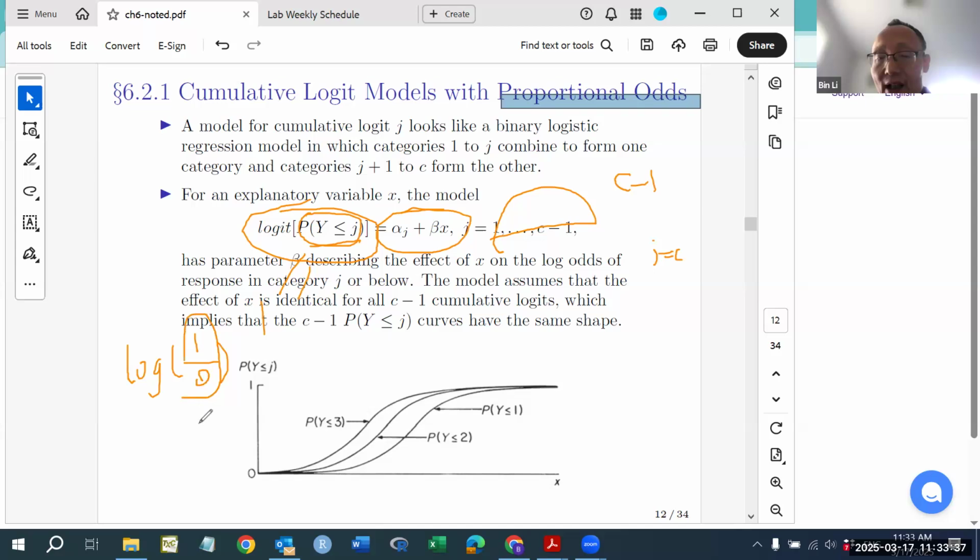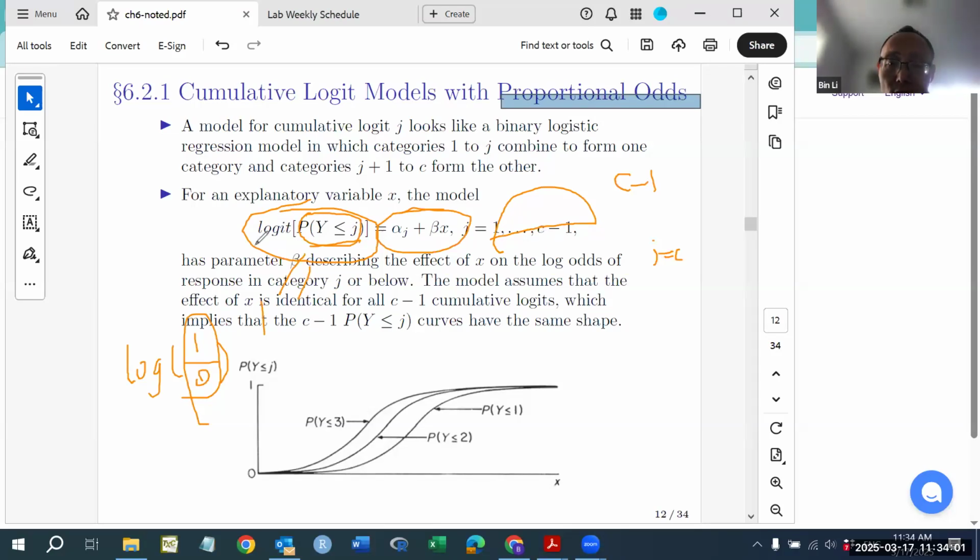So this is undefined. That's why J only ranges from 1 through C minus 1. We will see how to get the probability of Y equal to C in a minute. It's very straightforward: it's just 1 minus the case when J is C minus 1.